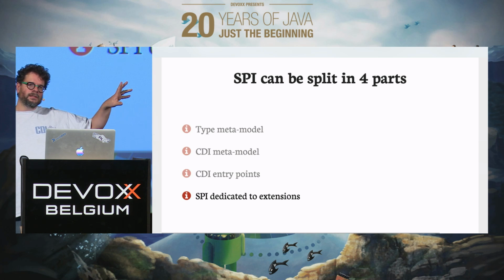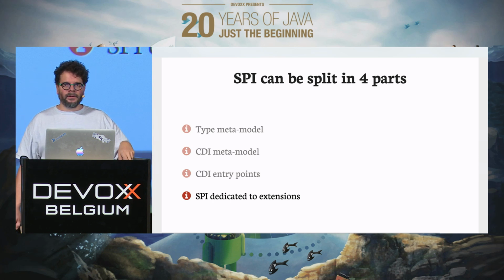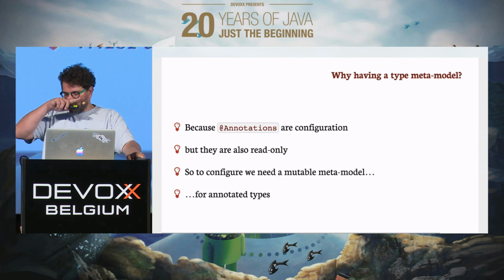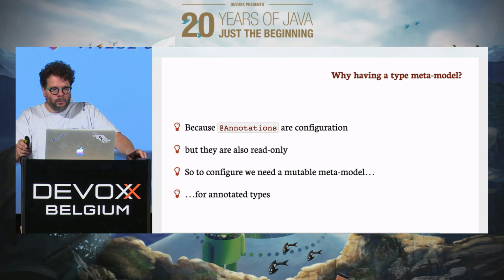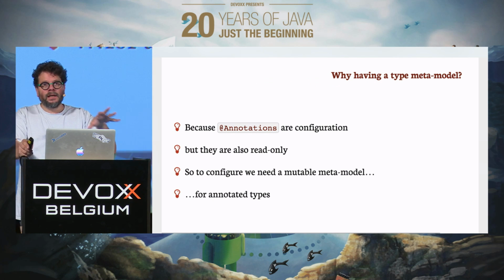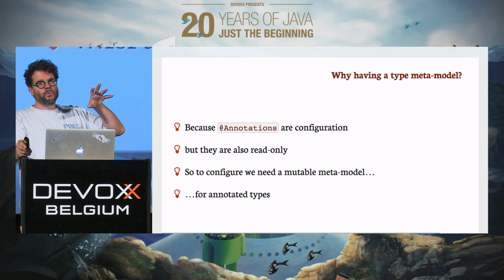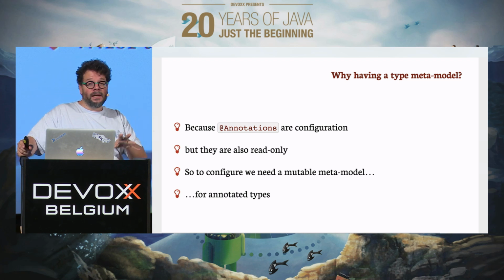We already saw a few of these SPI points with the @Observes ProcessAnnotatedType. ProcessAnnotatedType is an SPI dedicated to extensions. If we start with the type meta model, why would we want that? Because, as you saw, in CDI we use annotations as configuration.